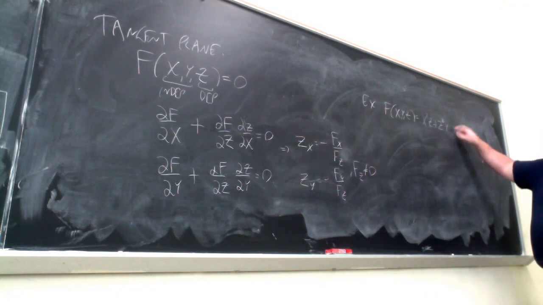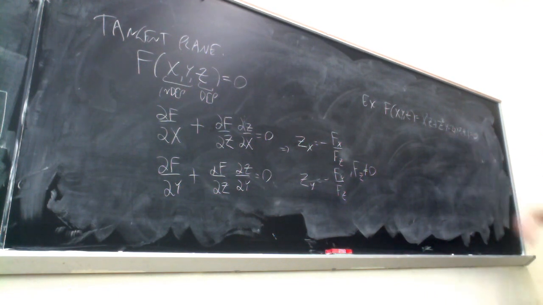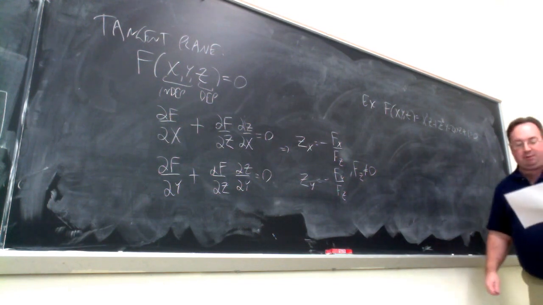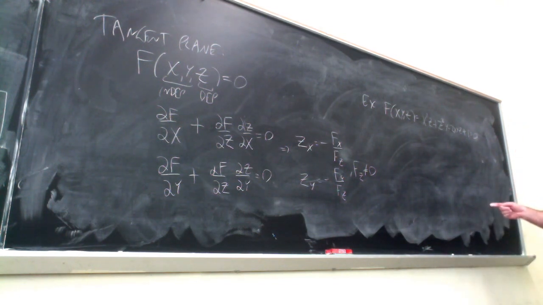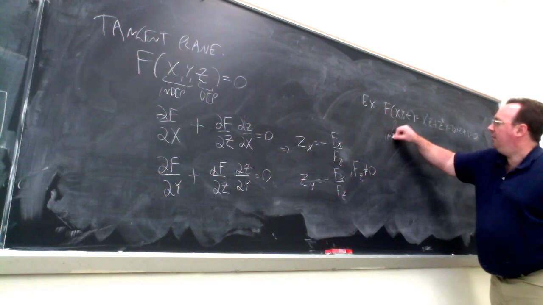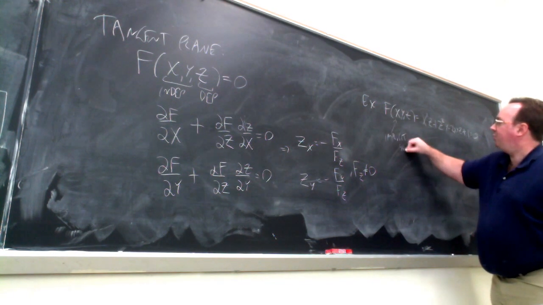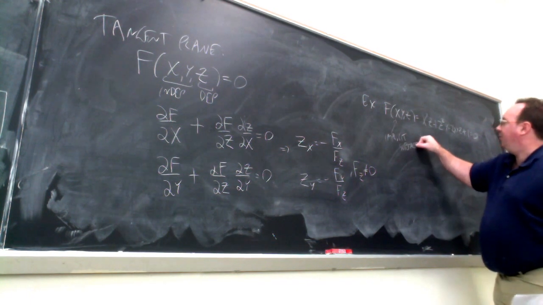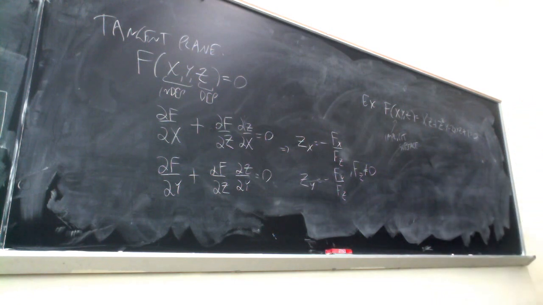And just to make clear, that's a 2. So I want to be able to describe the tangent plane to this surface, because this is an implicitly described surface. So it's like z equals a function of x and y. We just don't have an explicit formula for that function.